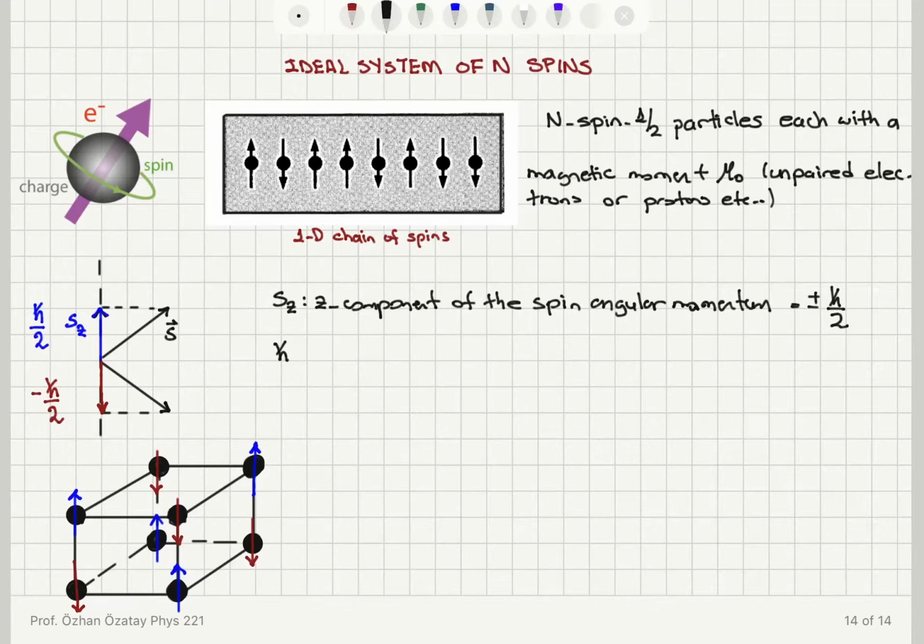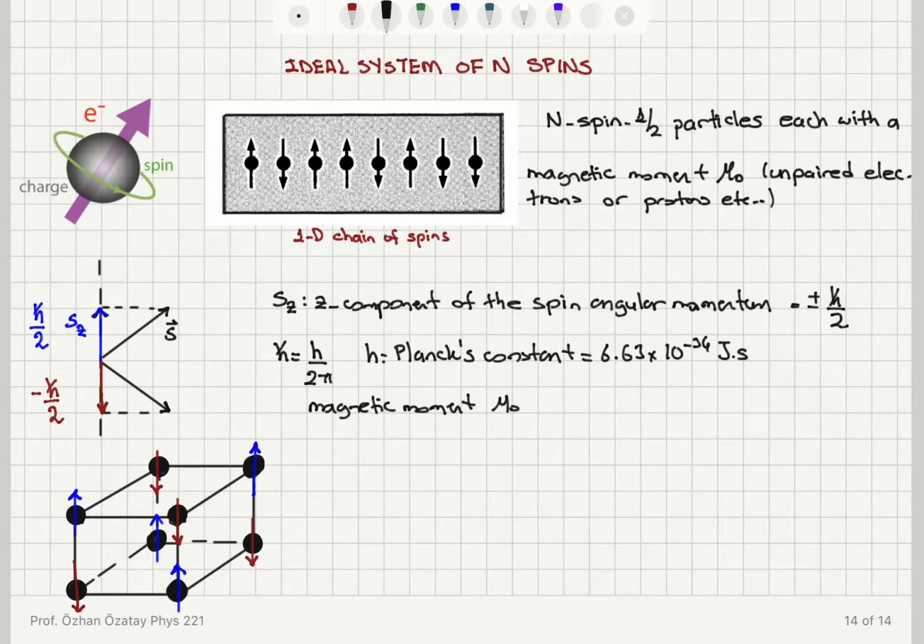What is h bar? H bar is Planck's constant h divided by 2 pi. So h is Planck's constant. It is 6.63 times 10 to the minus 34 joule seconds. The corresponding magnetic moment is given in units of a Bohr magneton, constant times a Bohr magneton.